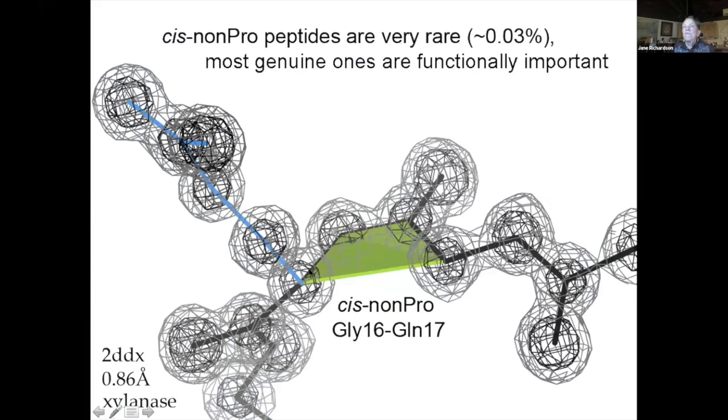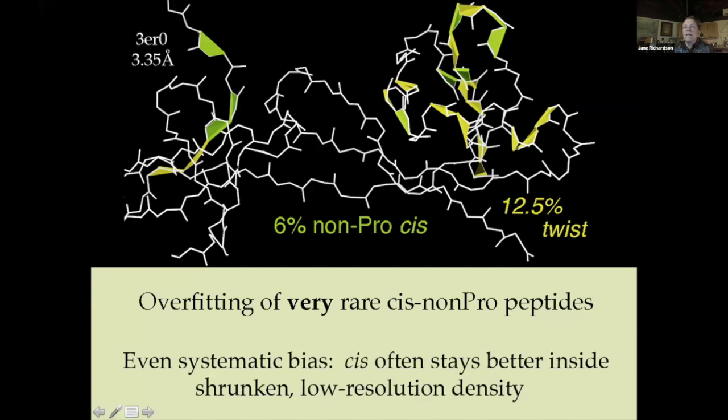So Sysnon Pro peptides are very rare, as I said. Most of the genuine ones are functionally important, and there are real genuine ones. I mean, at this resolution, there's absolutely no question this is genuine, and it is at an active site. But when you get 5 in a row, or 12% non-pro cis and twisted, that was during this sort of epidemic of too many cis non-prolines.